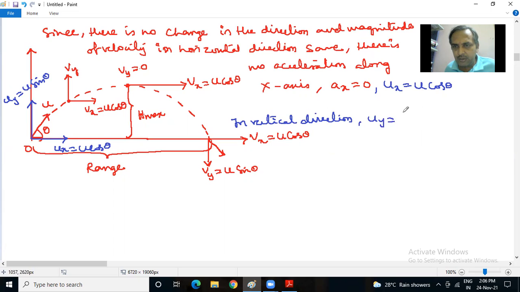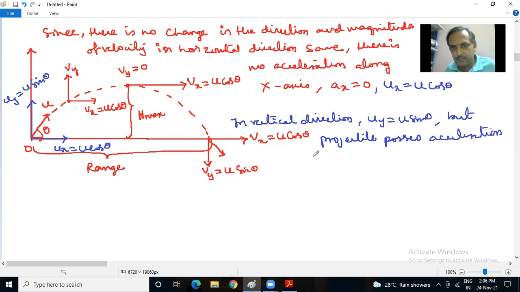uy is equal to u sin theta, but the projectile possesses acceleration along the y-axis because there is a change in the magnitude of velocity at the point of projection.